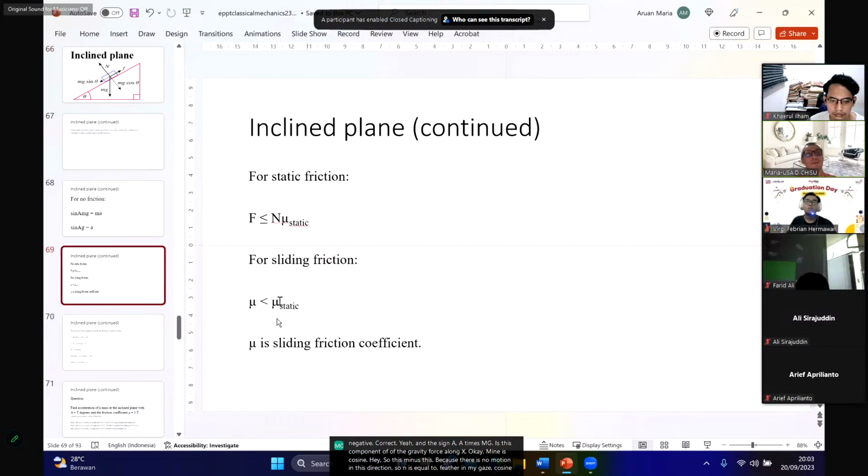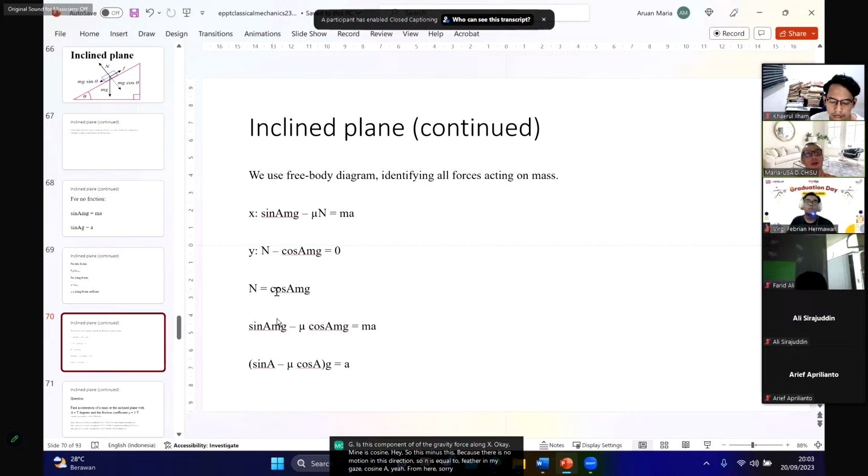From here, n is equal to cosine a times mg. So substituting n into this equation gives us sine a mg minus mu cosine a mg is equal to ma.